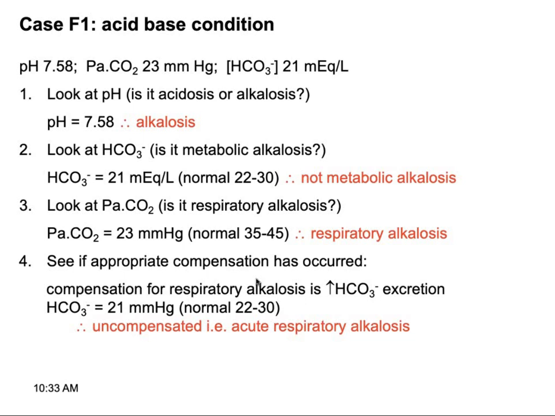And there was a reason why we are not calling it metabolic alkalosis, because this is actually an acute response to respiratory alkalosis, that the body is trying to compensate. The body is trying to excrete bicarbonate, and that is why you can see that the value is decreased from normal 22, coming down to 21. It will further go down as the body continues its responses.